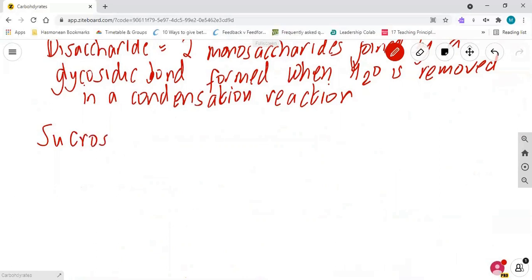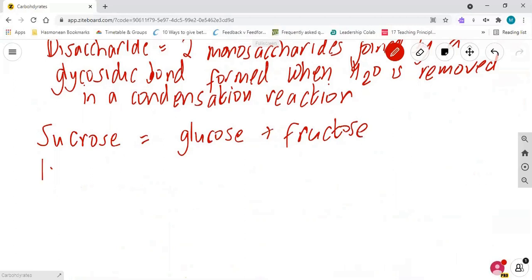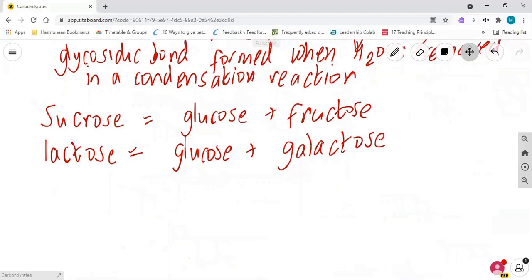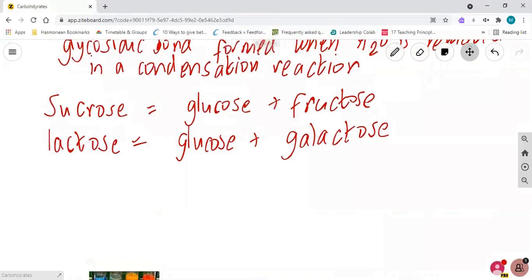Sucrose is made up of your glucose, also alpha, and your fructose joined together by a condensation reaction and a glycosidic bond. And lactose is made up of glucose joined to galactose. Again, condensation reaction, glycosidic bond.